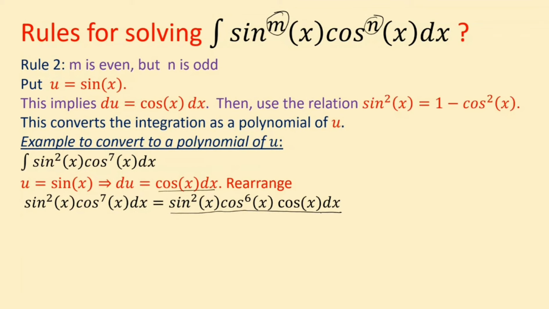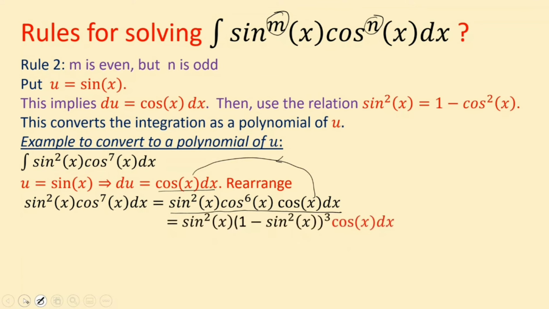This cosine x dx will be du, and then the rest will be arranged in the formula like this. Now we have to open this and you will get a polynomial in u, and you can solve the integration.